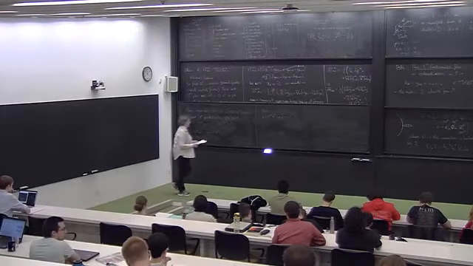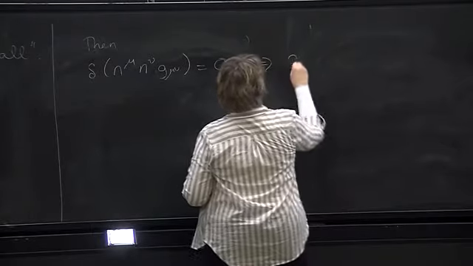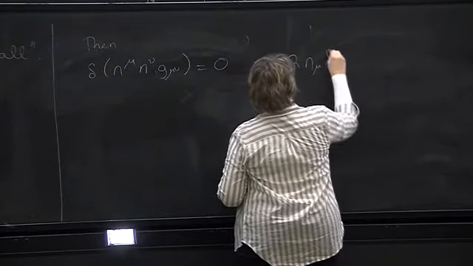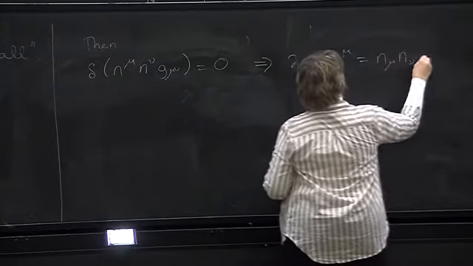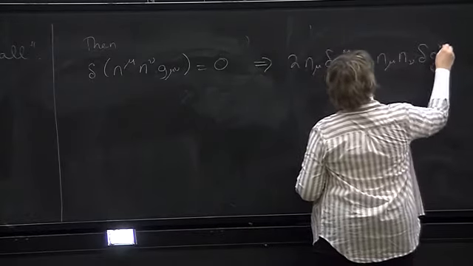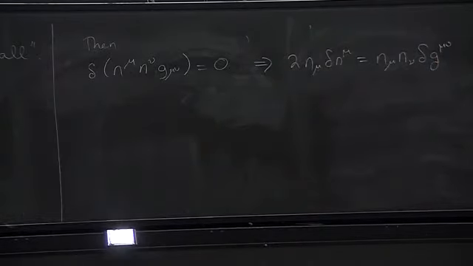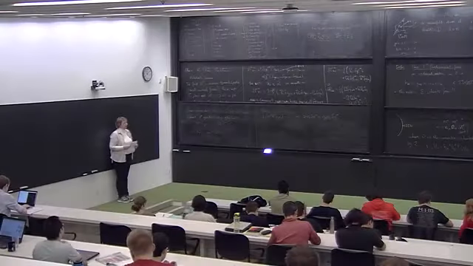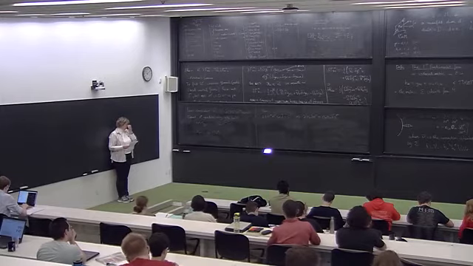So that means n squared should still be 1. So I vary the condition for the length of n being 1, and that gives me a relation between delta n projected along n, and the normal variation of g mu nu.